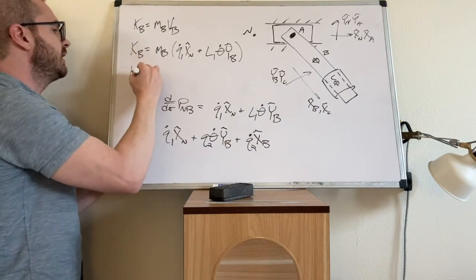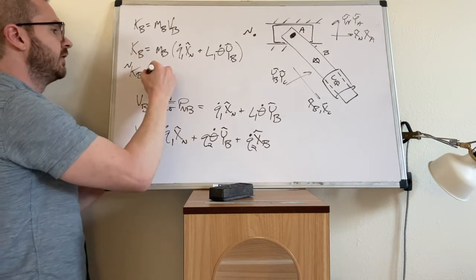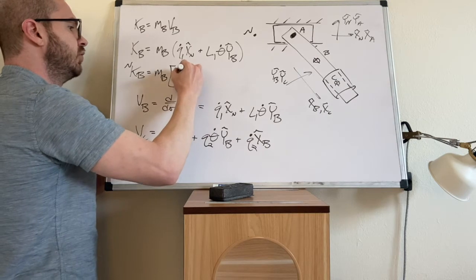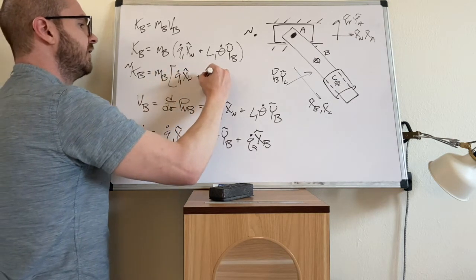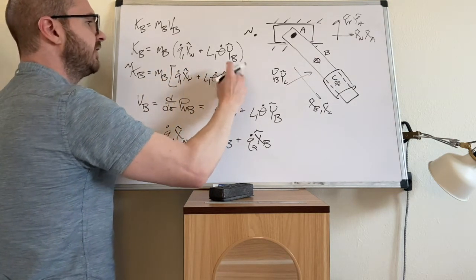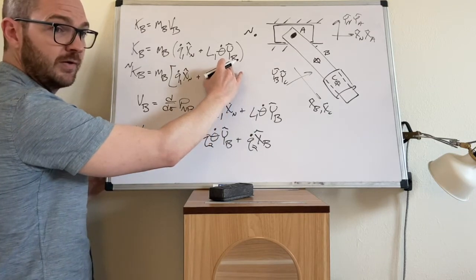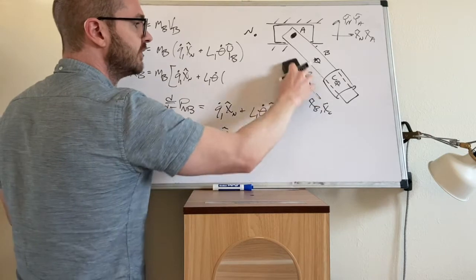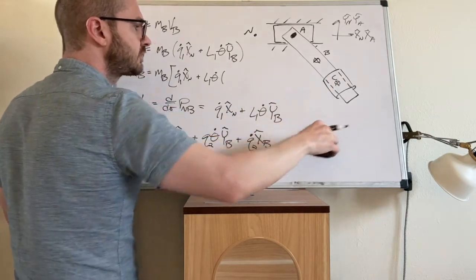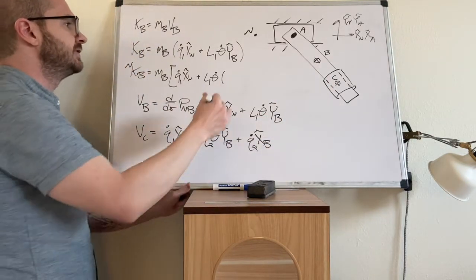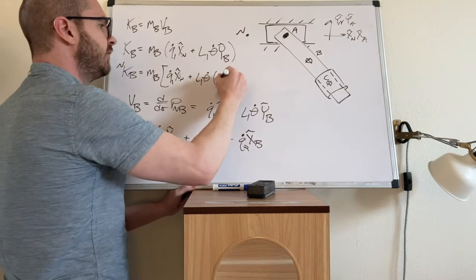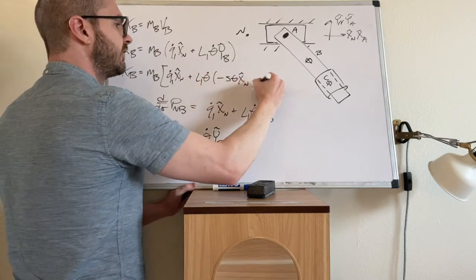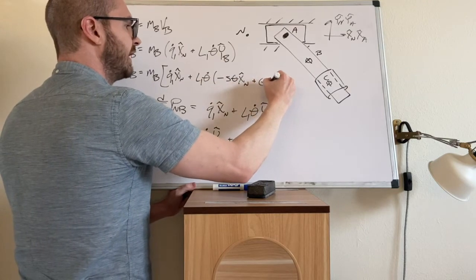So KB in the N frame is going to equal MB multiplied by Q1 dot X hat N plus L1 theta dot, and we need to rotate the YB axis into the N frame. This is where the definitions of rotations come in. So you go to your definition of the rotation and you see that YB is going to equal negative sine theta XN plus cosine theta YN.